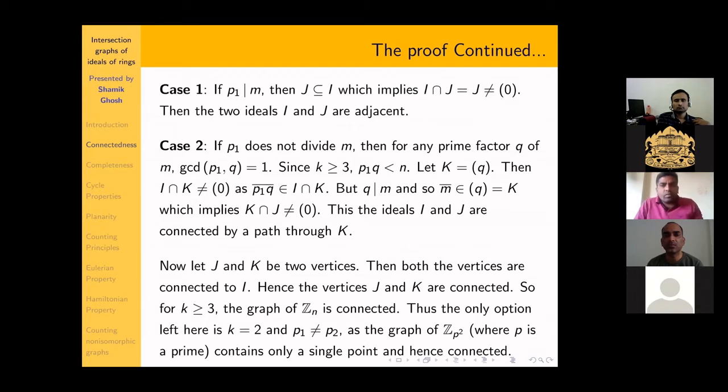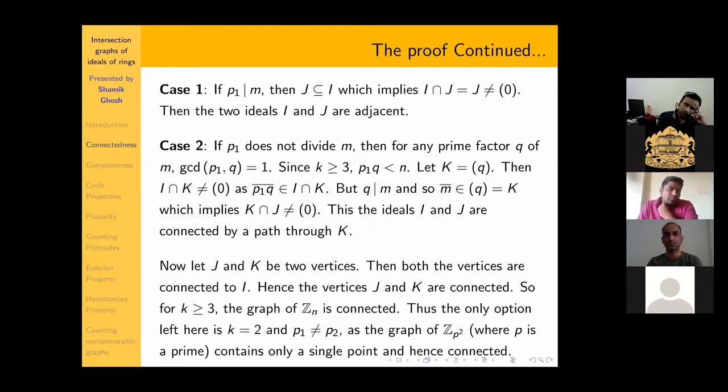And similarly, since Q is a factor of M, certainly M bar belongs to the ideal generated by Q bar, as I said, I avoided the bar on the brackets. So M bar belongs to Q bar, and so their intersection is also non-zero.